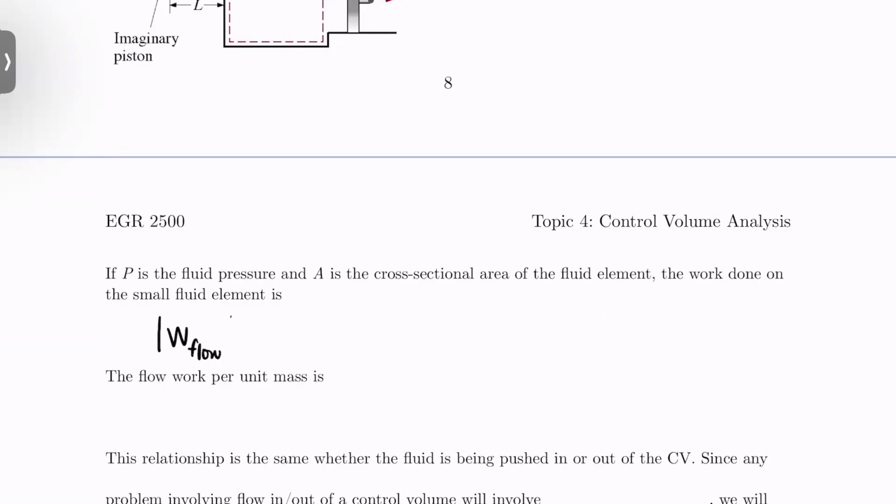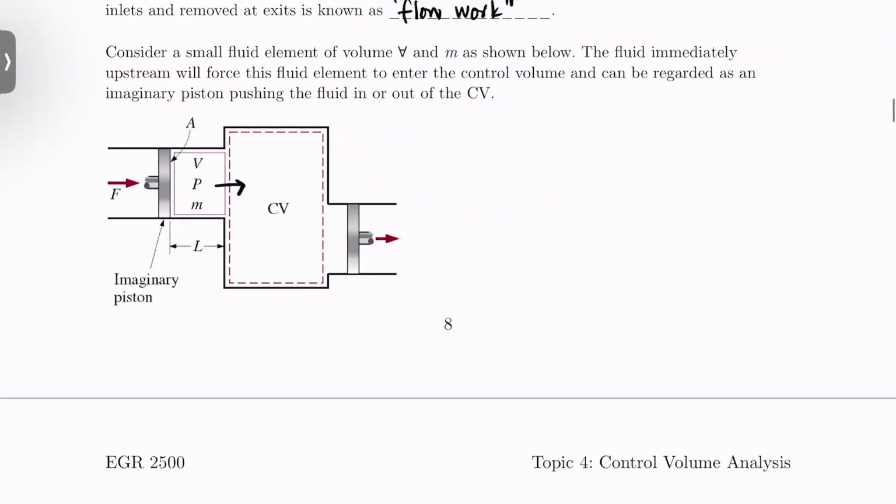So we have the absolute value of the flow work is equal to F times L, and I owe you a picture. My apologies. So if I draw this little fluid element like so, this is my cross-sectional area A, and then this dimension is the length, and my volume of this little element is A times L, right?